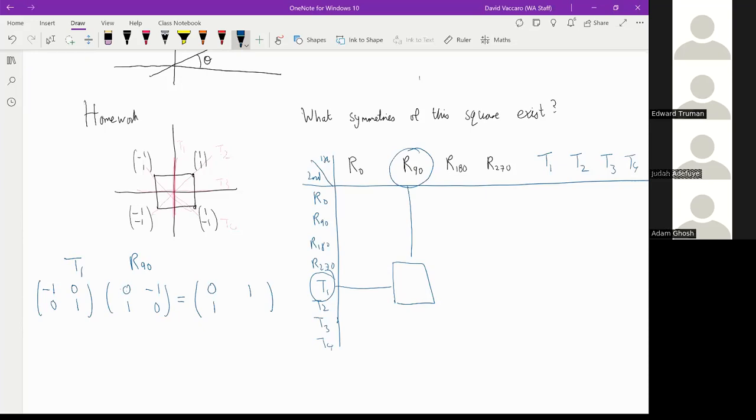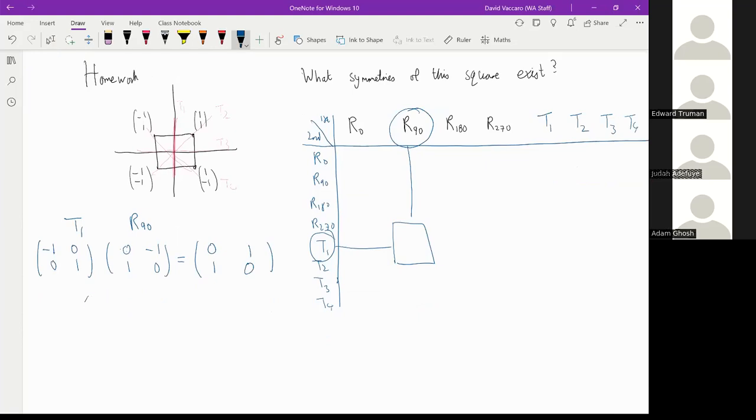So we get this matrix. But this is the matrix which takes x, y to y, x. But that is just reflection in the line y equals x. So that's reflection in this line. So we get T2 here.